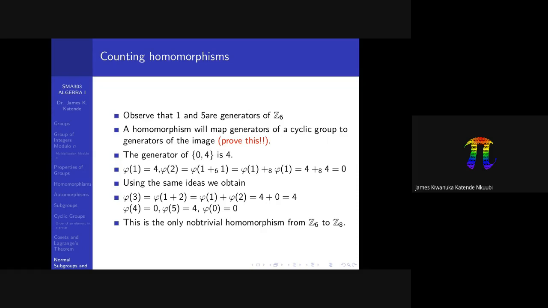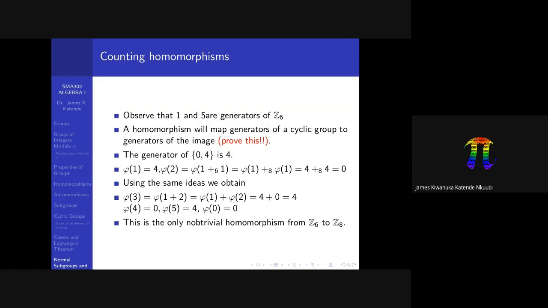The other one was where the whole of Z6 is a kernel, so everything in Z6 is mapped onto 0. Are we together? Yes. Okay. So that is true.